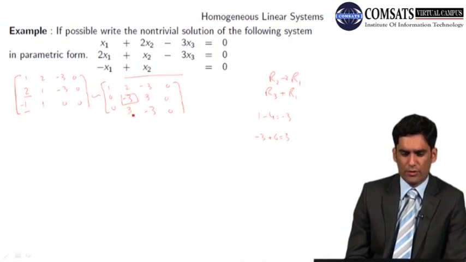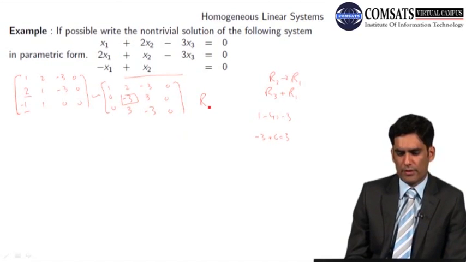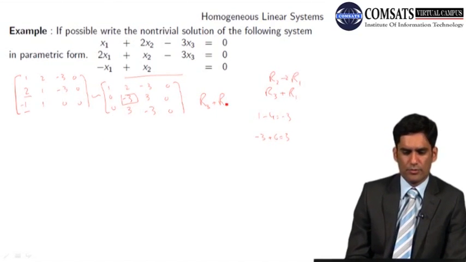I have to make this 0, so I will do the row operation r3 plus r2, and my matrix will become 2 -3 0, -3 3 0, as it is, 0 0 0.